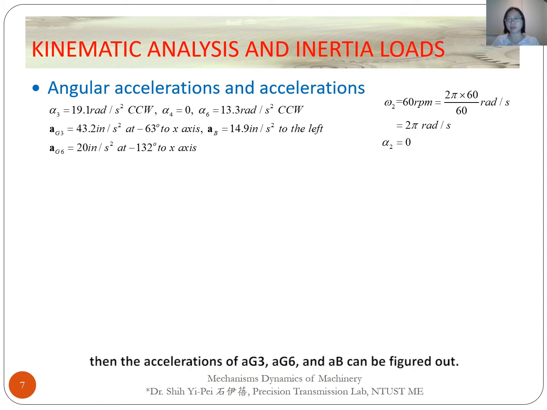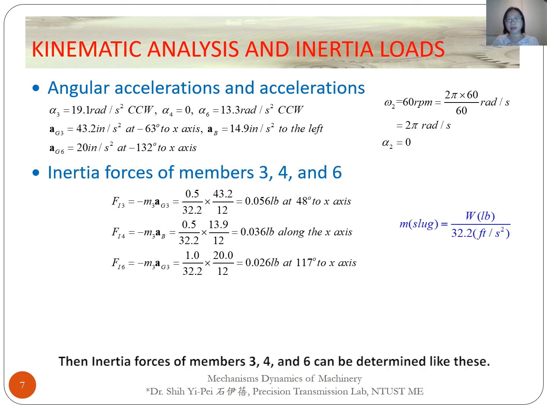Then the accelerations AG3, AG6, and AB can be figured out. They are vectors and have each magnitude and direction. Then inertial force of members 3, 4, and 6 can be determined like this.